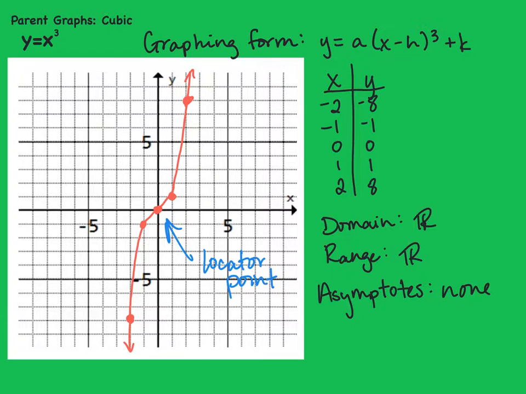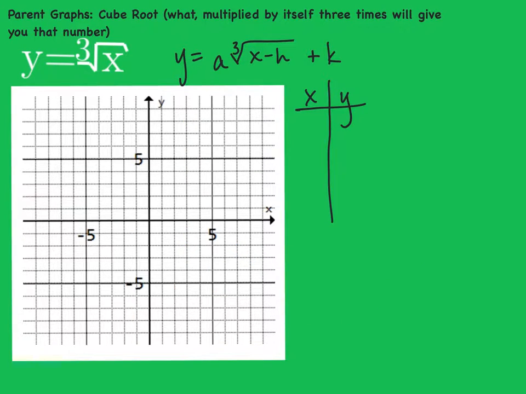I do want you to take note of these values right here, because as we show you that again, we know that these numbers were a number cubed and they fit on our graph over to the cube root.